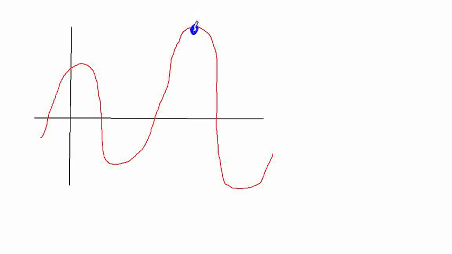I'll put a blue dot there. Okay, so those are the absolute biggest and smallest values. Let me go ahead and label them. One of them is the absolute maximum, and the other one is the absolute minimum.